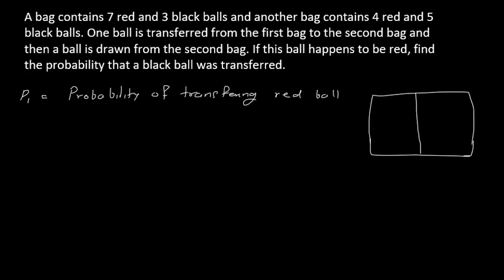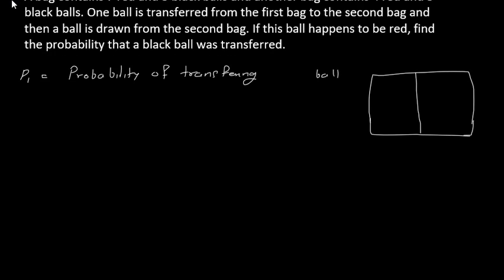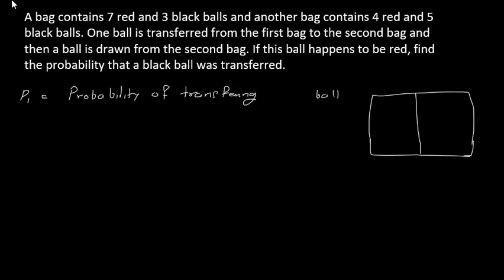Now in the first bag, we have to find the probability of transferring a black ball. Okay, first we will consider the black ball. Probability of transferring a black ball: there are total 3 black balls, so it is 3 upon total number of balls, which is 10. 3 upon 10.